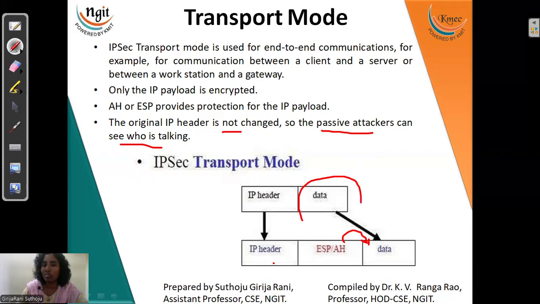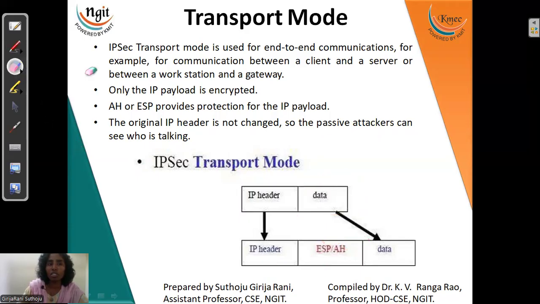The data will be encrypted with ESP and AH. ESP is for encryption, whereas AH is for authentication, and both will provide integrity for sure. This is the job of both transport mode and tunnel mode.